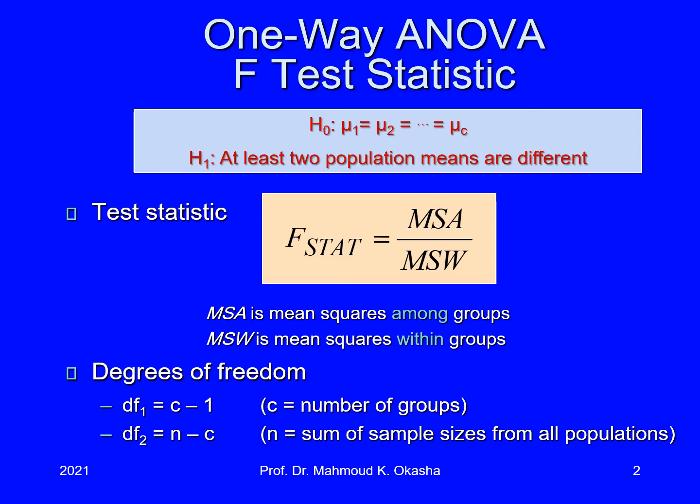Maybe one of them is different from the rest, and the rest are equal, or two of them are different from the rest, and so on. So at least one of these population means is not equal to the rest.